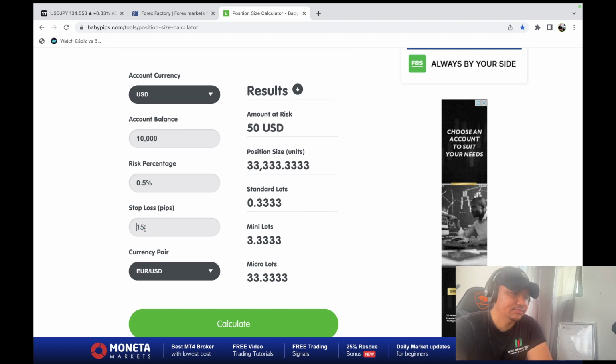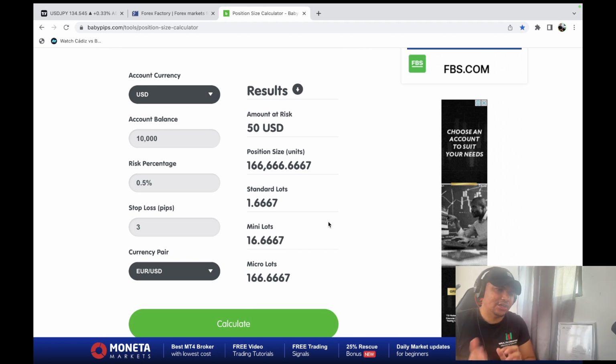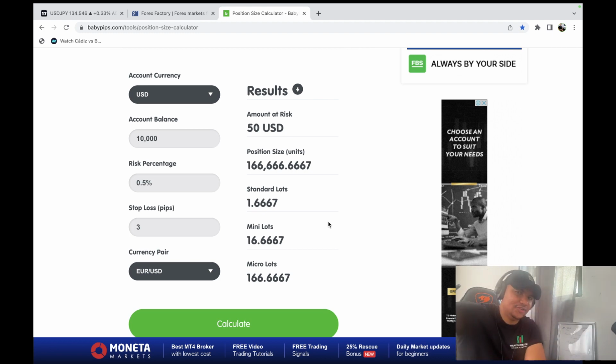Let's assume all of a sudden that group number 2 is not a swing group. This is now an SMC group, smart money concept. Those guys trade with stop losses that are like a few pips. Now that guy says sell Euro USD, 3 pips stop loss. Now you're going with a 1.66 lot size. Now you got a 0.33, and now all of a sudden you're there.